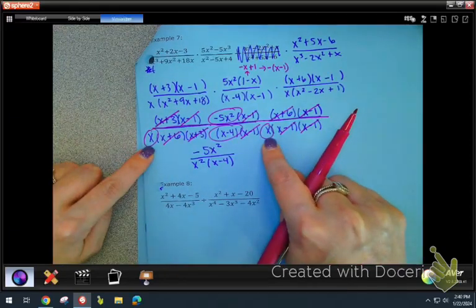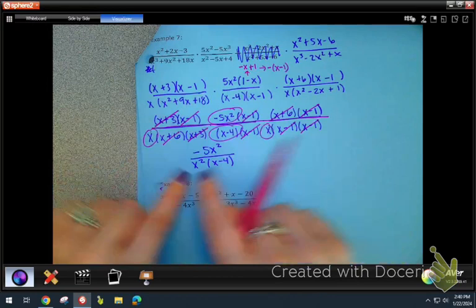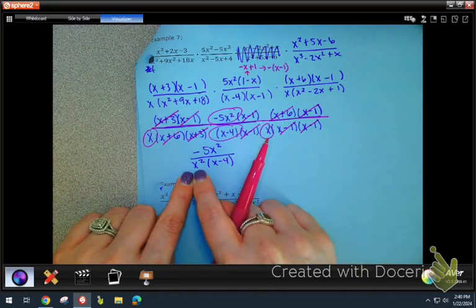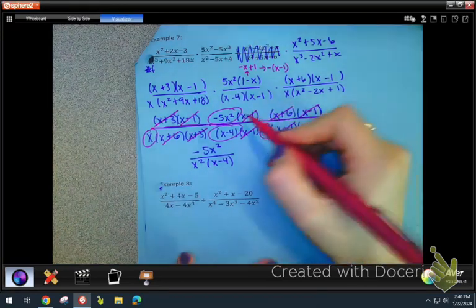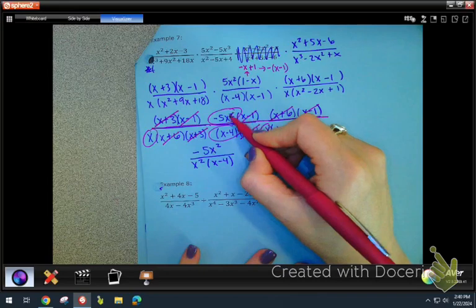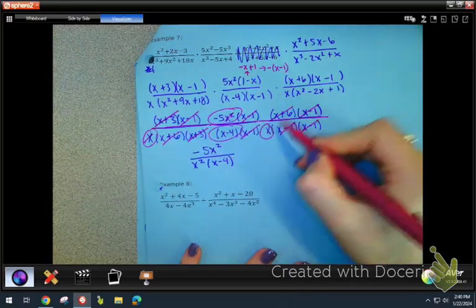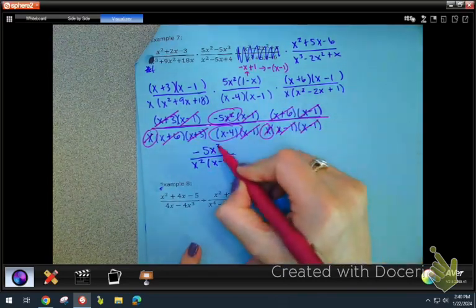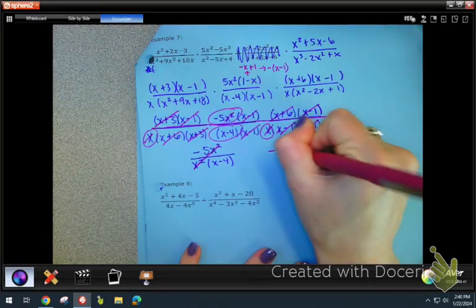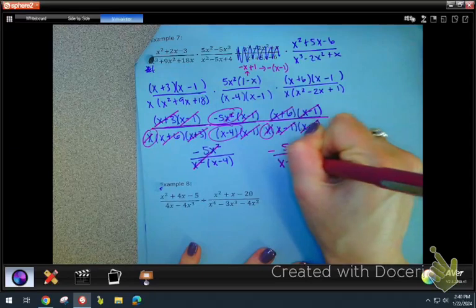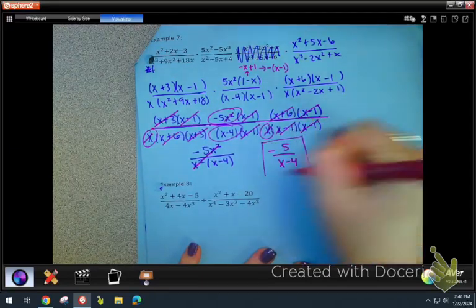On the bottom, since I have 2 x's, I can write that as x squared. But I have on the top a negative 5x squared, so those technically are common factors. So you could have said, hey, there's 2 goes with 1, 1 goes with 1, right there. Or you could take them out here. But what is your final answer? Done.